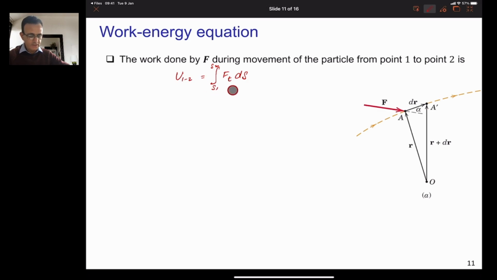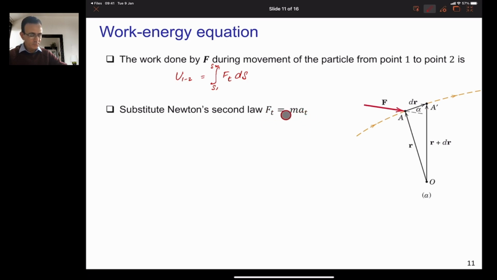So now in this case, what we're doing here is that we substitute Newton's second law, because we know that the force is equal to ma. So if the force is the tangential force, then the acceleration will also be a tangential acceleration.